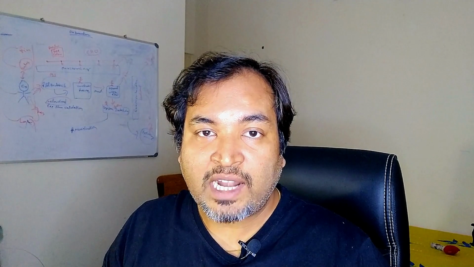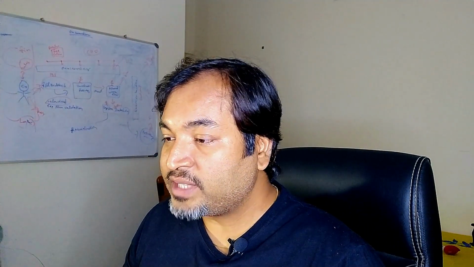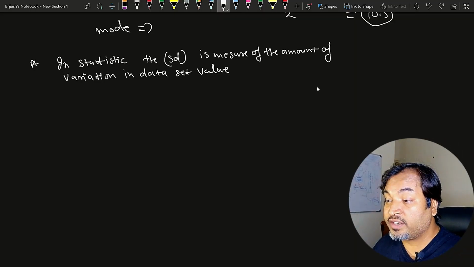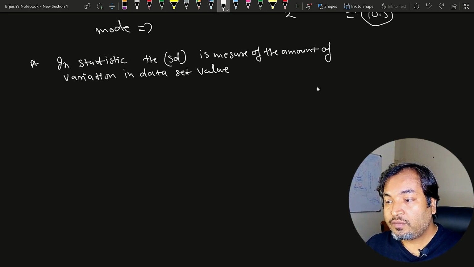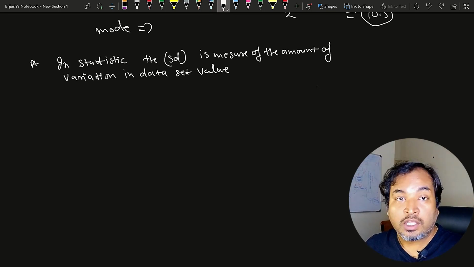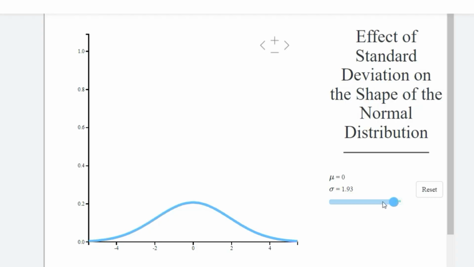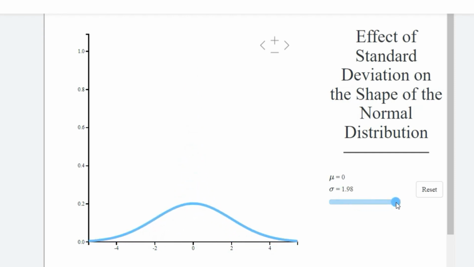Now let's talk about the standard deviation. In statistics, the standard deviation measures the amount of variation in the dataset values. A low standard deviation indicates that your dataset is distributed closely around the mean.